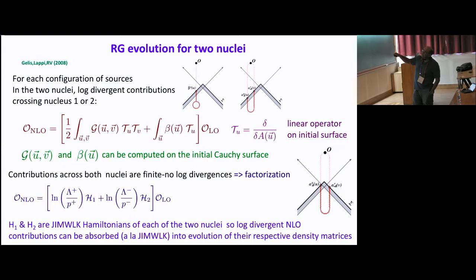And amazingly, the NLO correction to this operator can be written as the leading order operator here times all this non-trivial one-loop information which is formulated on this initial surface before the collision. Okay? And that's the remarkable thing. I don't need to follow this all the way. Okay? There's a complication. So in other words, these T's here are just linear operators, which are defined as a function of these u's, which are spatial positions of this initial wedge that I have here.